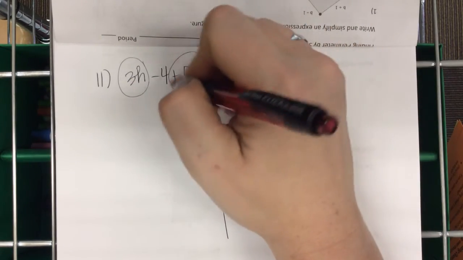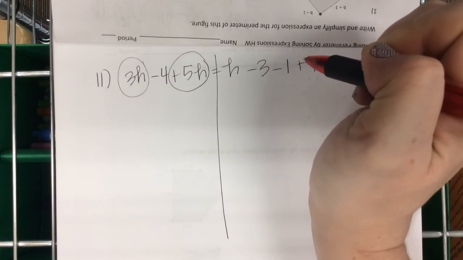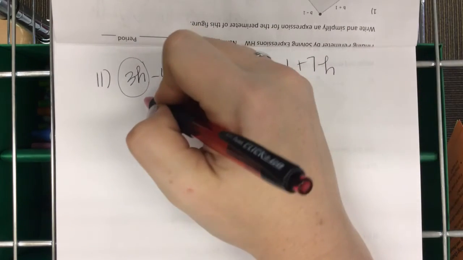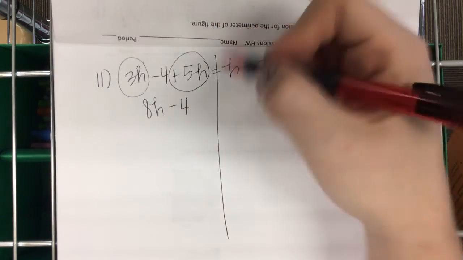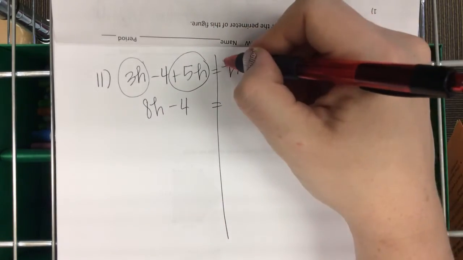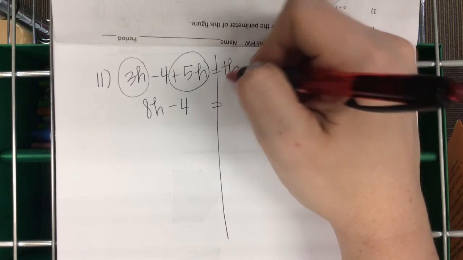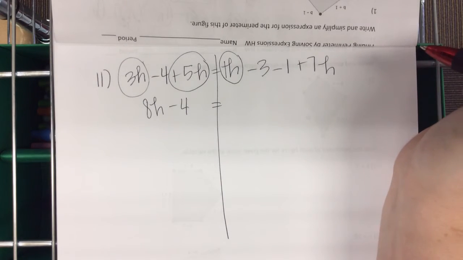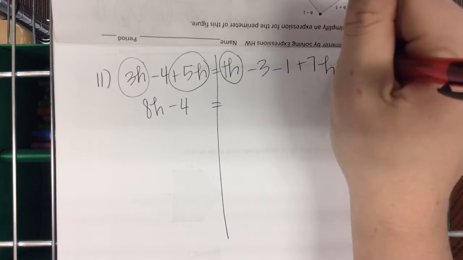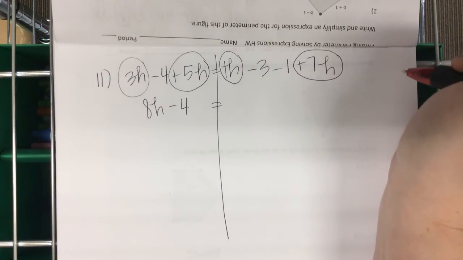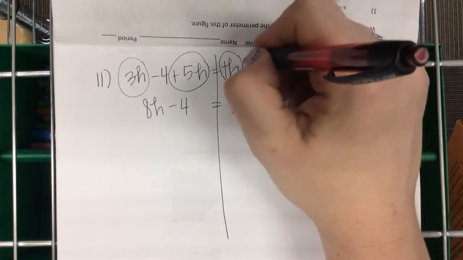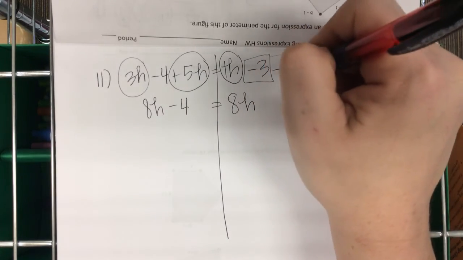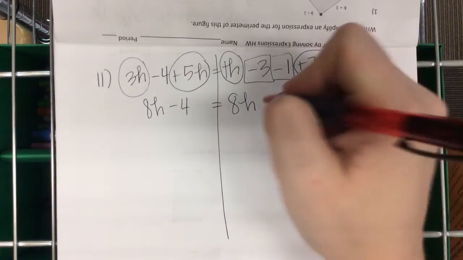Left side. 3h plus 5h is 8h minus 4 equals, BB, you forgot to yell at me. 1h plus 7h's is 8h, negative 3 minus 1, negative 4.